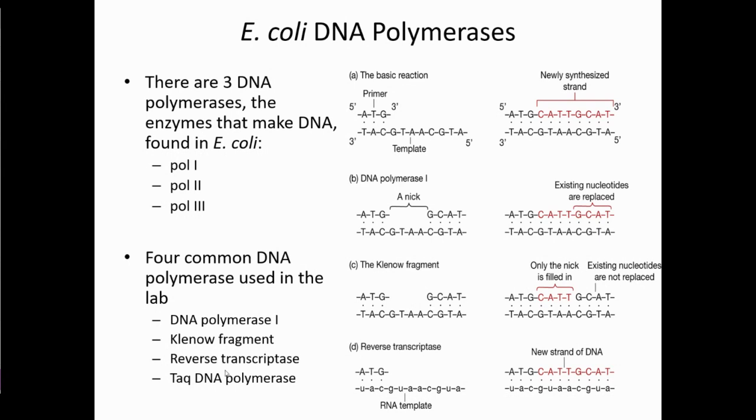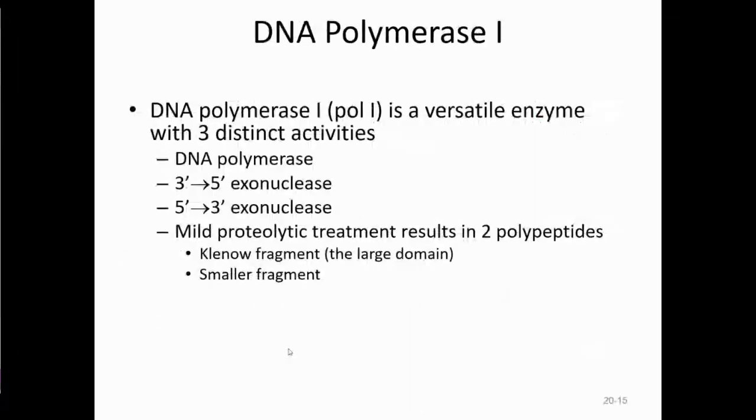And then there are two other enzymes, reverse transcriptase and Taq DNA polymerase. Taq DNA polymerase, as I mentioned, is the one we commonly use in the PCR reaction because it is a heat-stable DNA polymerase. And reverse transcriptase uses RNA as a template to synthesize the complementary DNA.